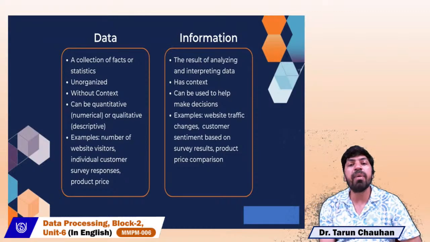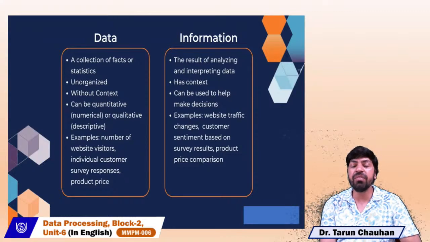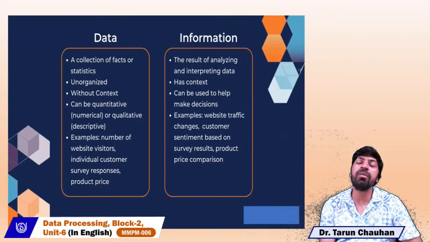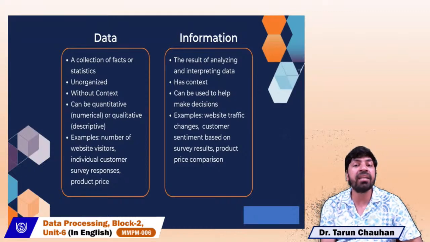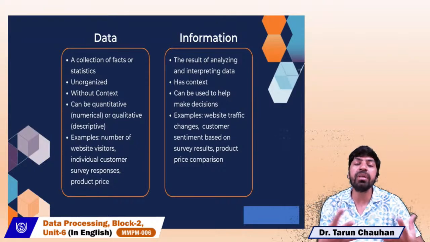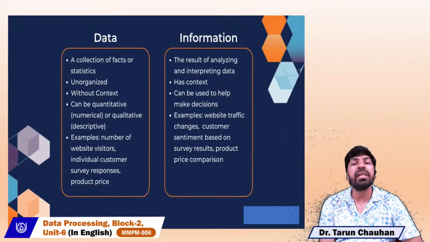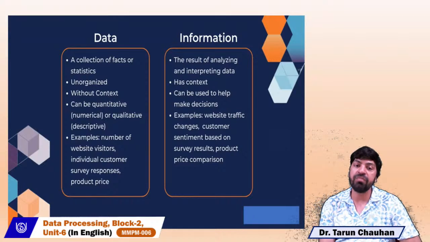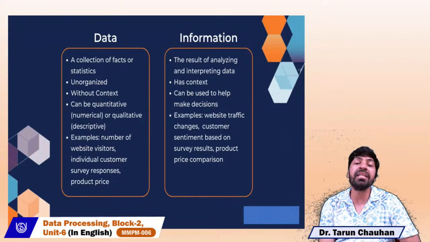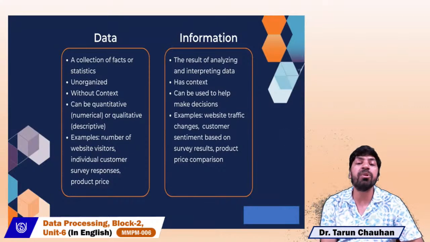But in case of information, any idea that you are talking about, any fact, any results or outcome that you are talking about, that too becomes information. For example, 90% of customers are satisfied with the new Lux product.